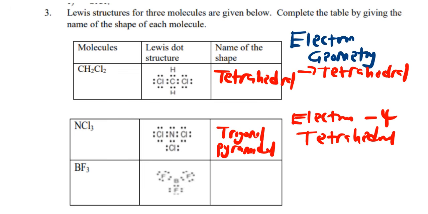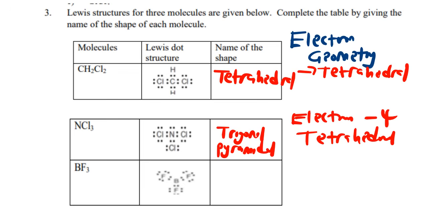Then the last one, we've got boron trifluoride. We also have to count the regions, although the Lewis dot structure is not very clear. Boron is in the middle. It forms 3 bonds with fluorine atoms and has no lone pairs. So what would be the electron geometry?